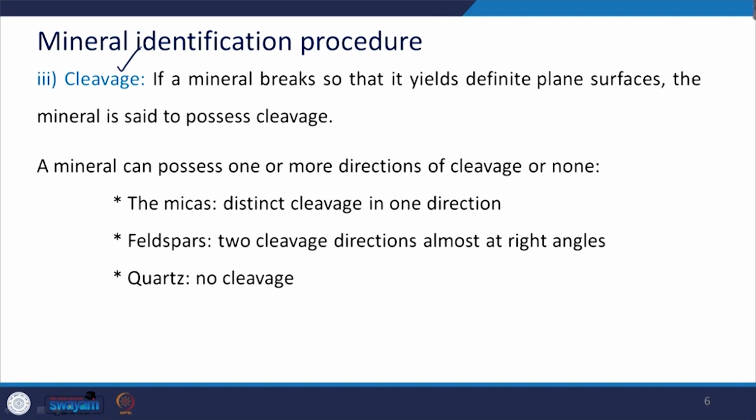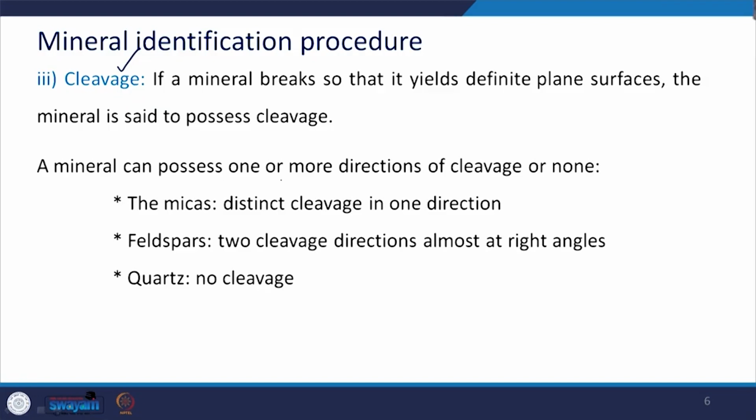If a mineral is breaking only about one plane, then that mineral would be called as having one cleavage plane. If it is more, then accordingly we can differentiate one mineral from another on the basis of this procedure.